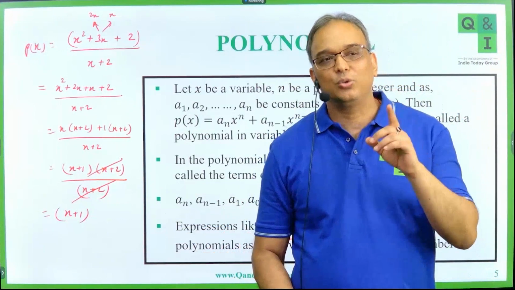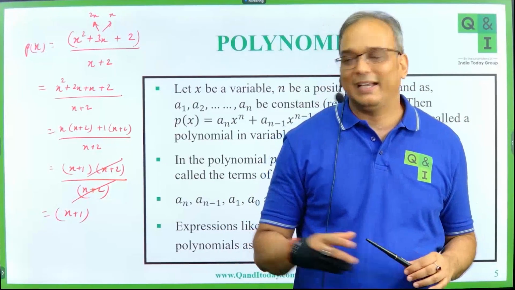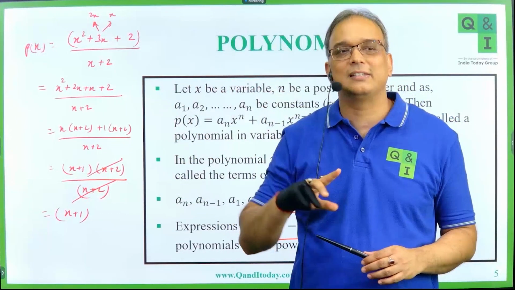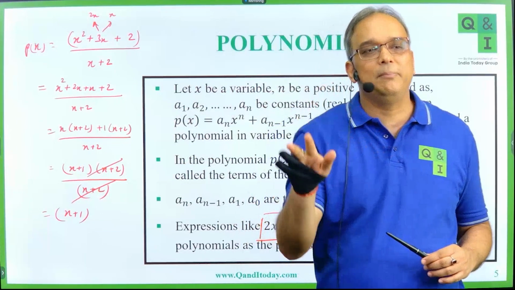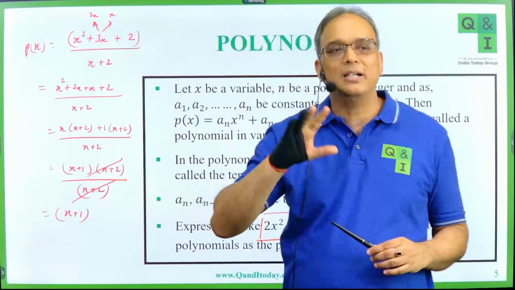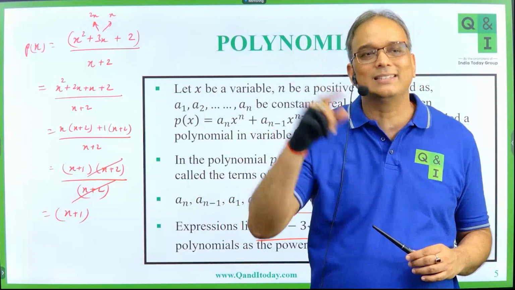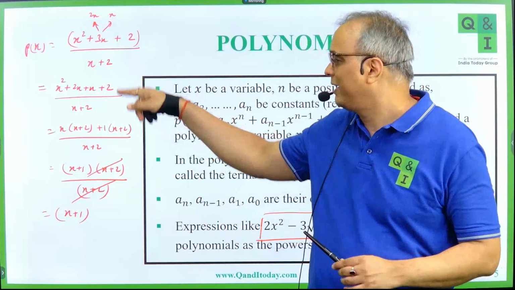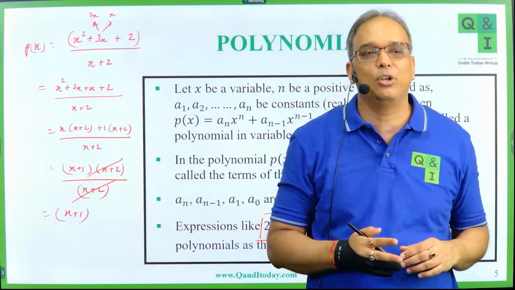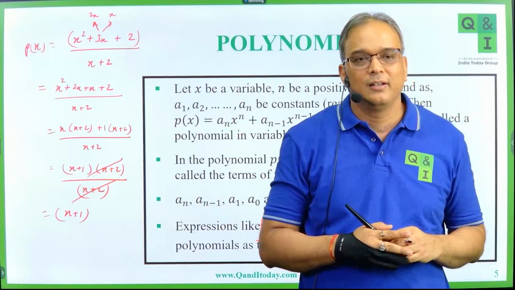So what you also need to check is that, looking at the question alone, we cannot directly say whether it is a polynomial or not. Try to simplify it. If there are some common terms which can be cancelled from the numerator and denominator, then you have to cancel them and then check whether it is a polynomial. Okay, sir.